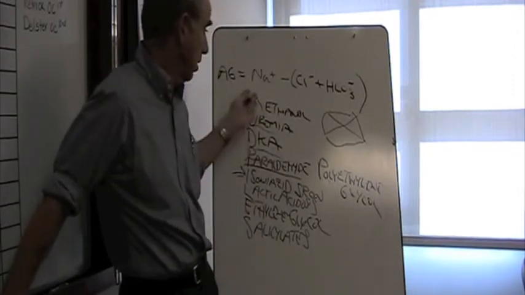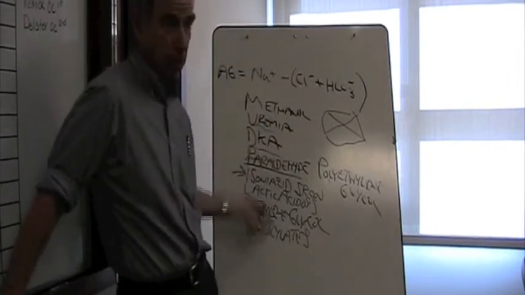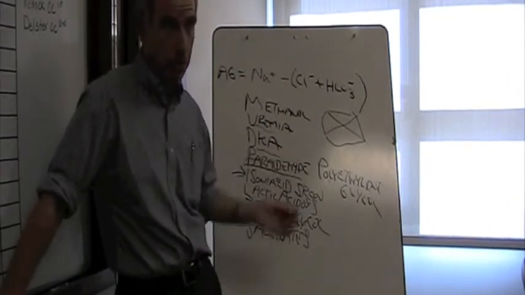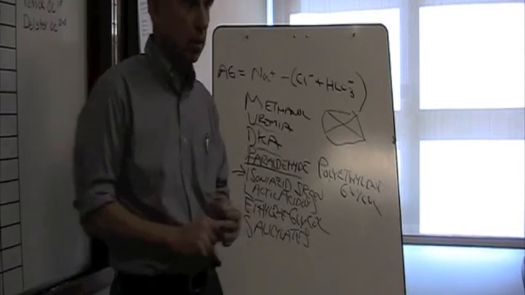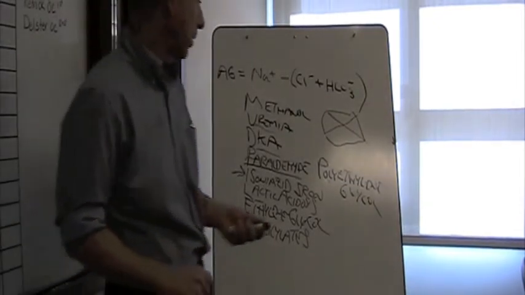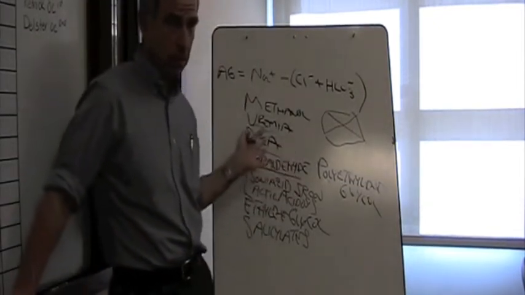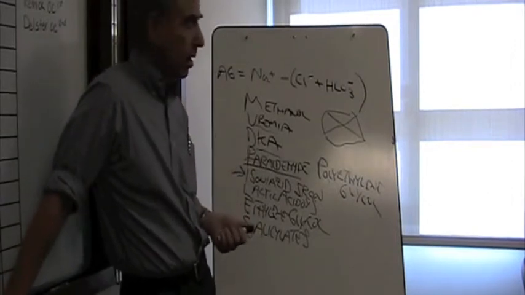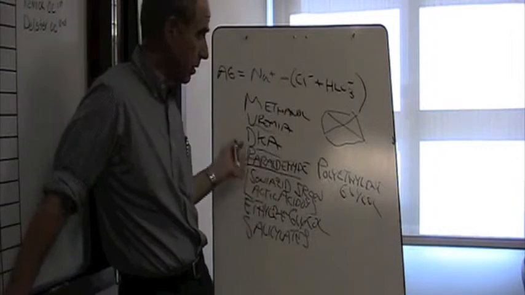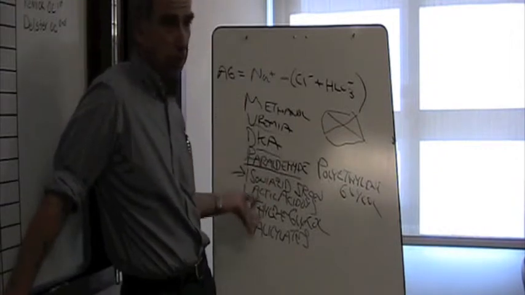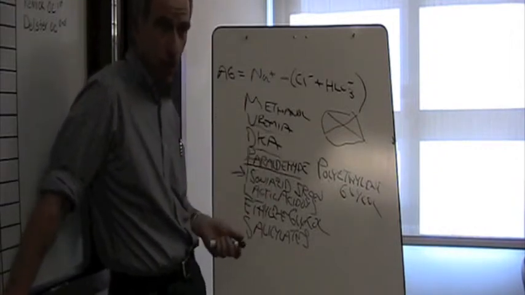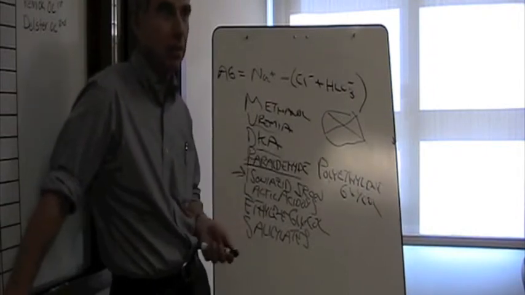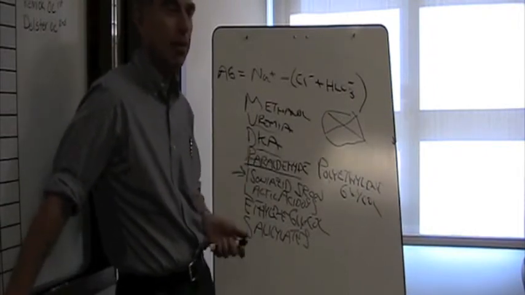So if you have somebody with an increased gap, you need to go through this list. You need to order the appropriate tests if you're not sure of what's causing it. Okay? This is not an exhaustive list. There are other things that will cause an increased gap acidosis. And I always tell residents that probably 95 or 98% of all the ones you'll ever see will be on this list, because these are just really common.